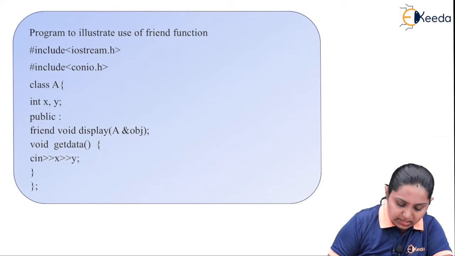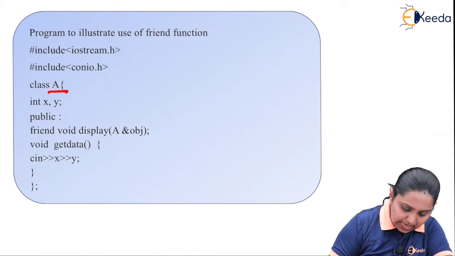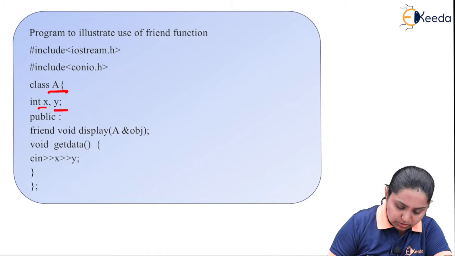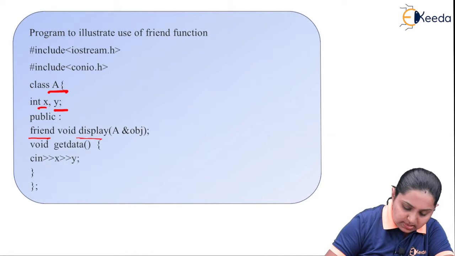See, we are creating one class A, which has two data members, x and y. And we are creating one function, display, and that display function has the keyword friend. So we can say this is a friend function.